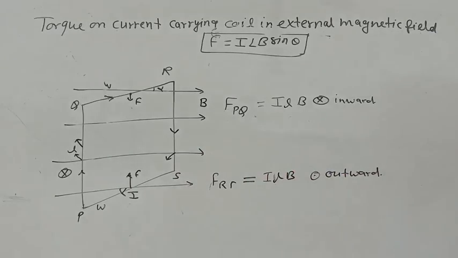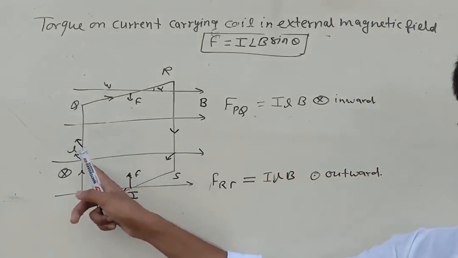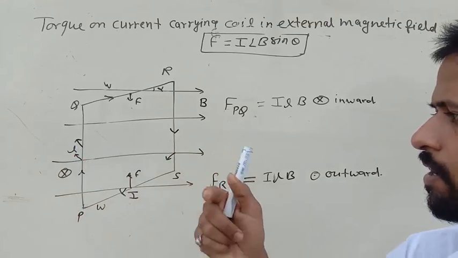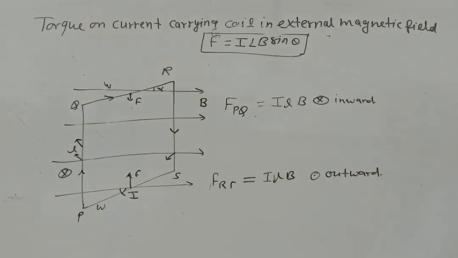Now force on this conductor is in inward direction, force on this conductor is in outward direction, and the points of application of force are different.